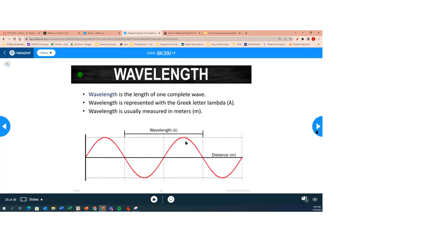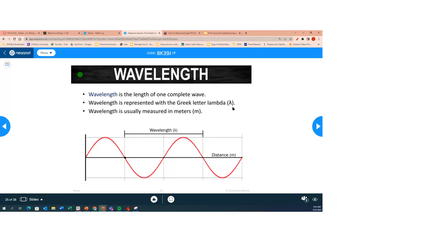All right, wavelength is one complete wave. So you can measure from any point: crest to crest, trough to trough, or the point where it hits the rest position to the other point. And we measure this using the Greek letter lambda.